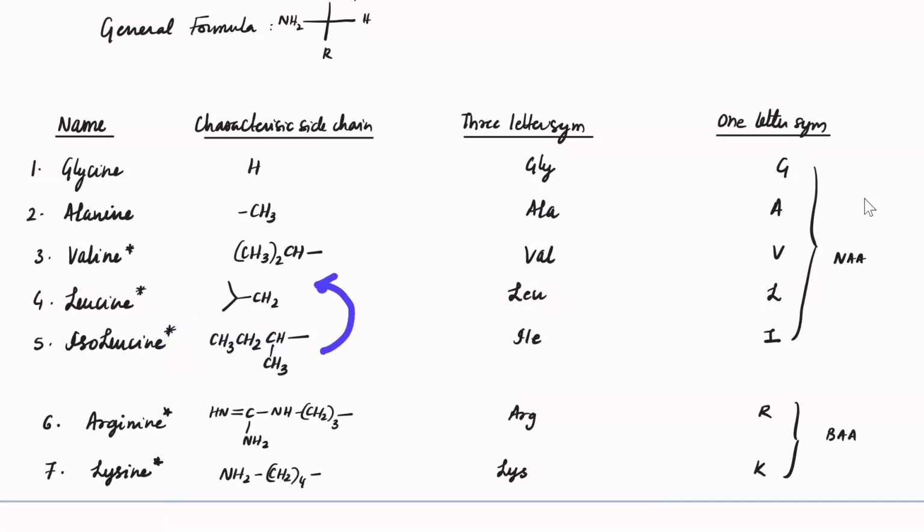You can see there is a little confusion: although this is isobutyl, it is called leucine, and this, the secondary butyl, is called isoleucine. So ILE or I. Have you noticed that whatever the first alphabet is, that is the same code they got? That's why the first five are important and easy to remember.